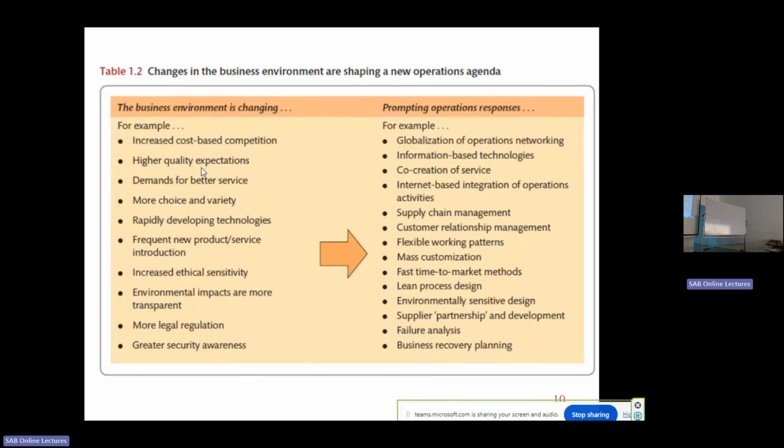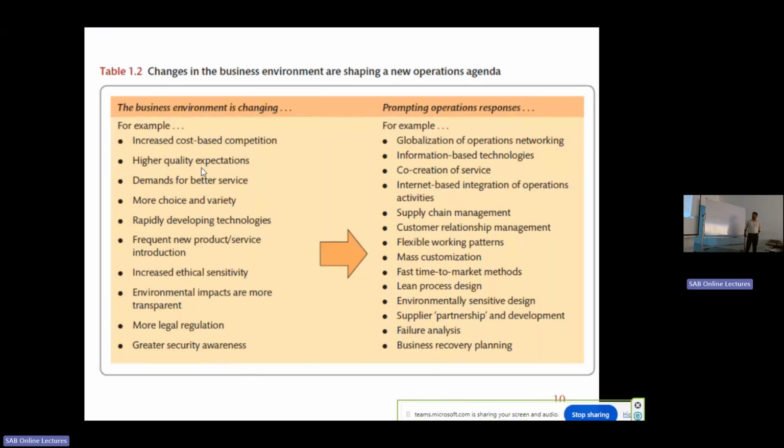Look at those key environmental changes. Can you understand them? Any issues? I can explain anything if you need more details. Is it clear?